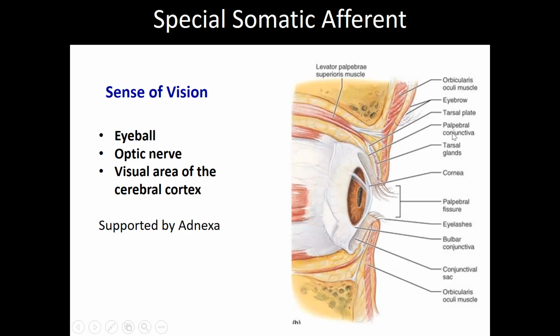So the thin layer lining the underside of the eyelid is called palpebral conjunctiva. Then it reflects on the eyeball, and here we call it the bulbar conjunctiva. And this small space between the palpebral conjunctiva and the bulbar conjunctiva, in which we usually administer medicines, is called the conjunctival sac or conjunctival fornix.